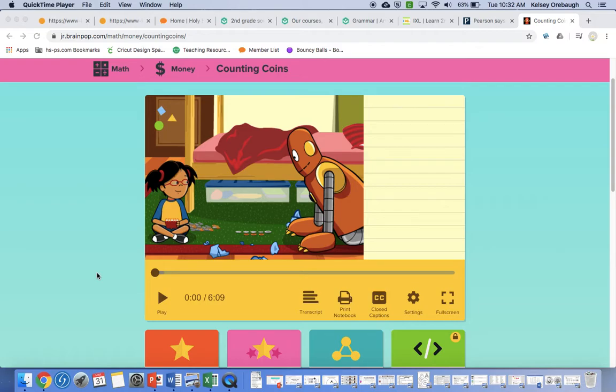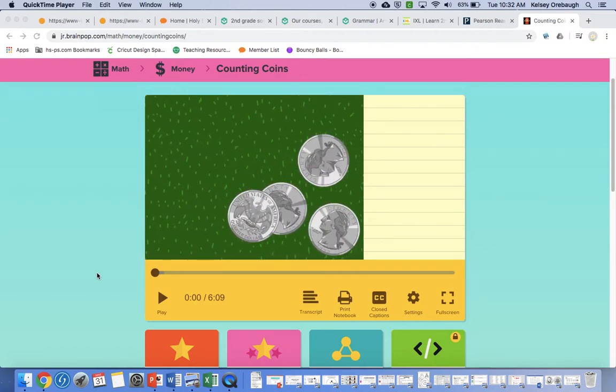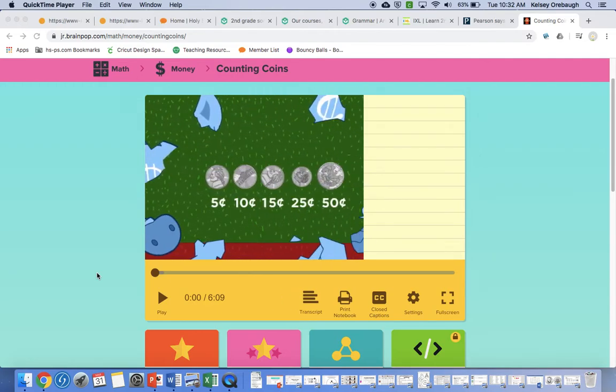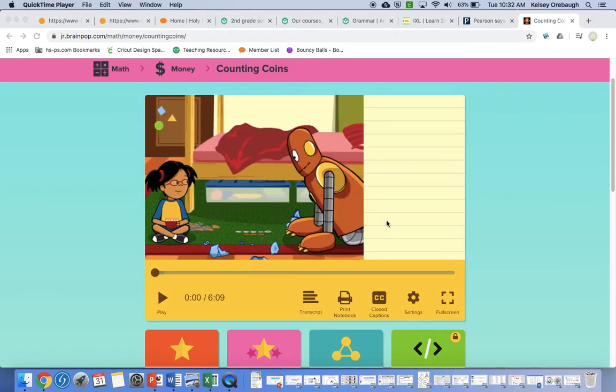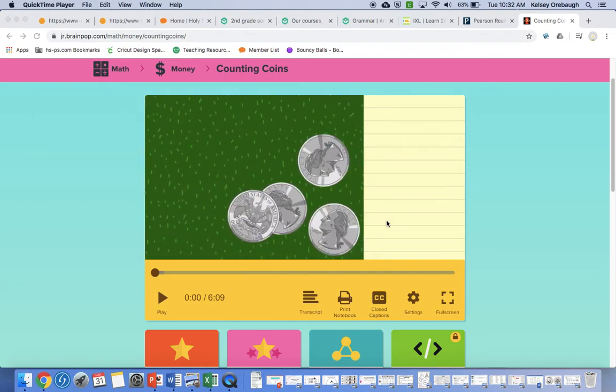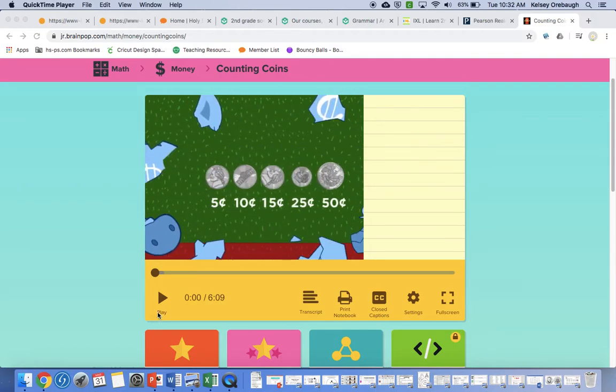If you have a $50, that would be great, but I'm sure not many of us have a $50. I'll be showing you a picture of a $50 when we start the video. So once again, that's a penny, a nickel, a dime, a quarter, and a $50. These are the coins we're going to be working with, okay? Let's get started.